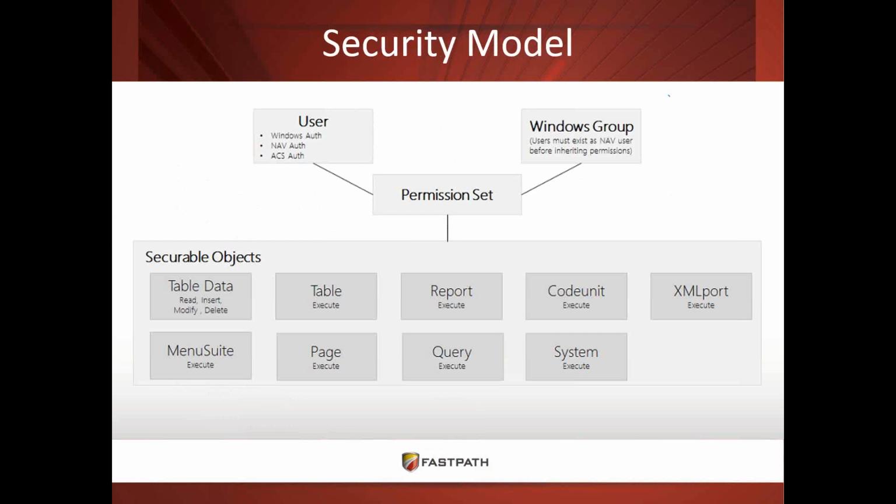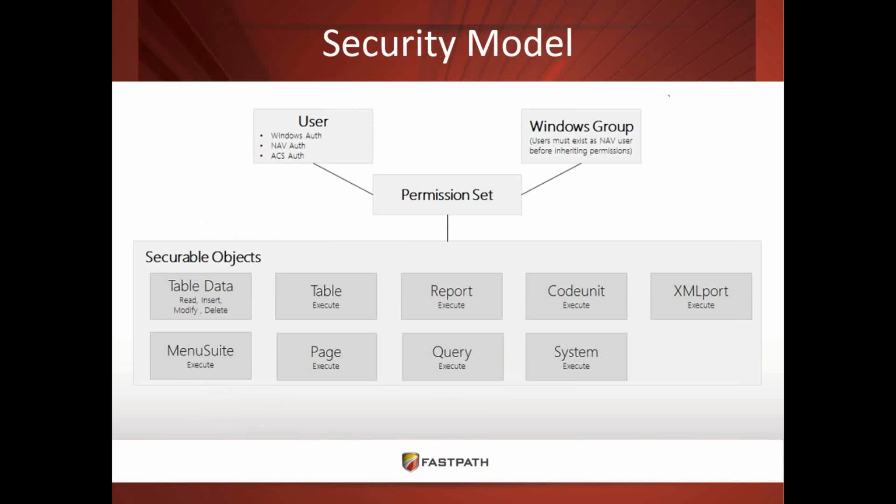So we'll go to the next slide here. This is the image I was talking about, to give you a better graphical layout of what I was describing. Start at the top with the user or the Windows group, assigned down to a permission set. Then you can see in the box on the bottom, those are the securable objects that I was talking about.